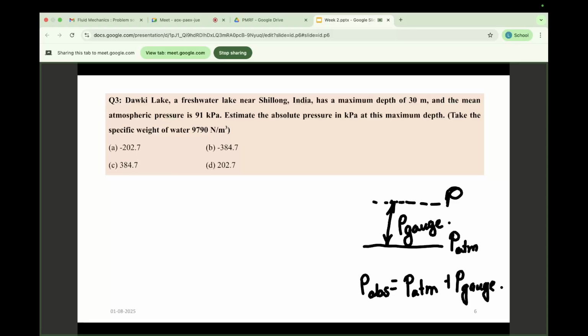If somewhere you find atmospheric pressure is 0, that means it is the gauge pressure, not the exact atmospheric pressure. Please use this concept and try to solve this question.